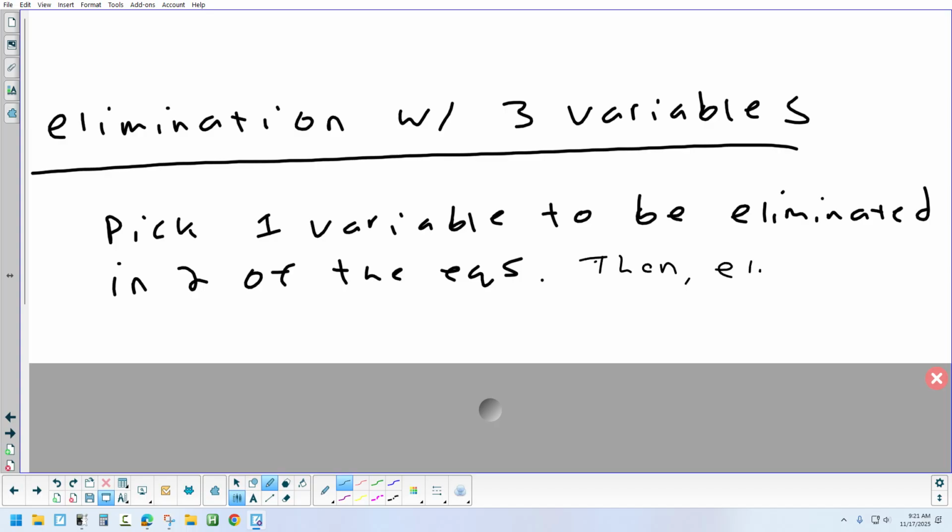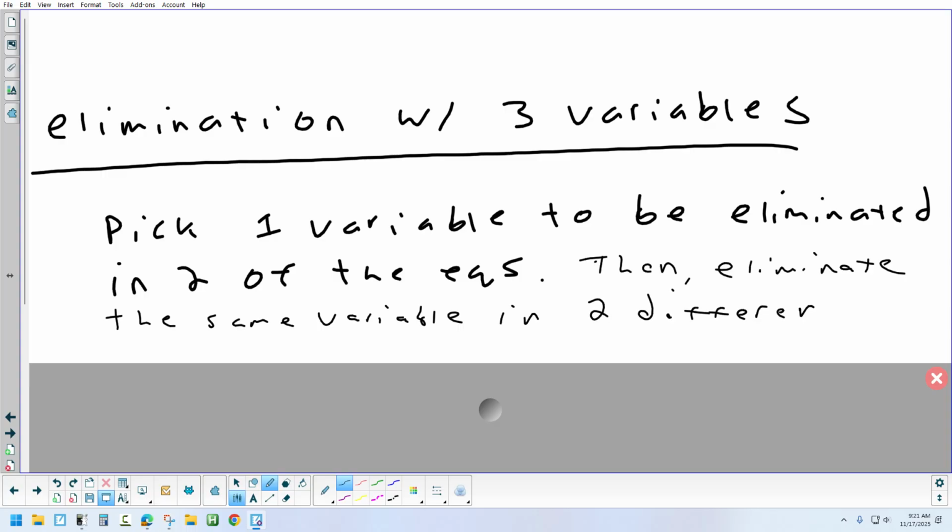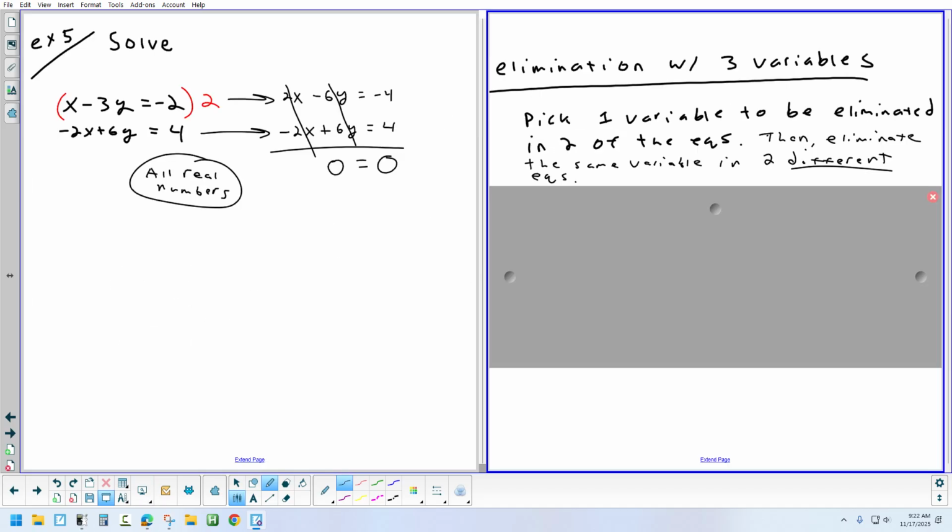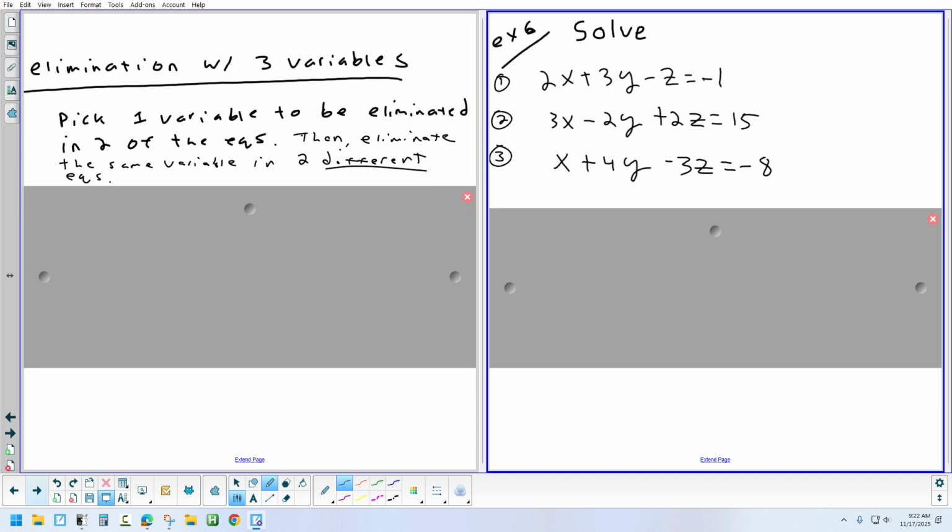Then we have to eliminate the same variable in 2 different equations. So like when we do this problem, maybe we'll choose to eliminate x in equations 1 and 3.